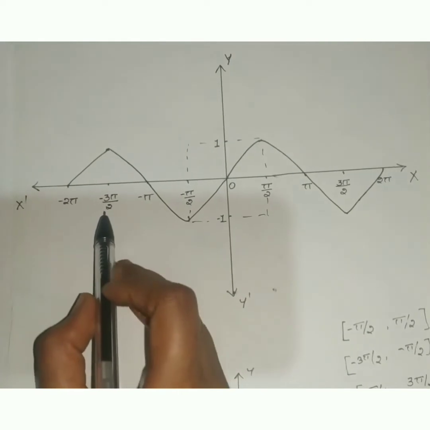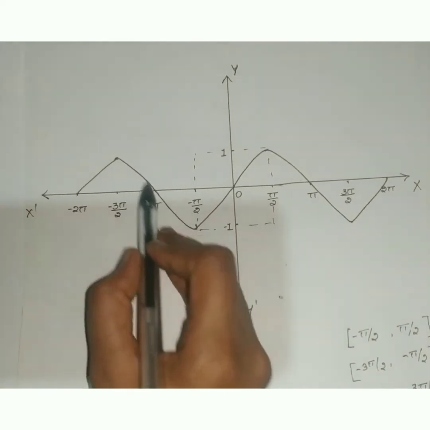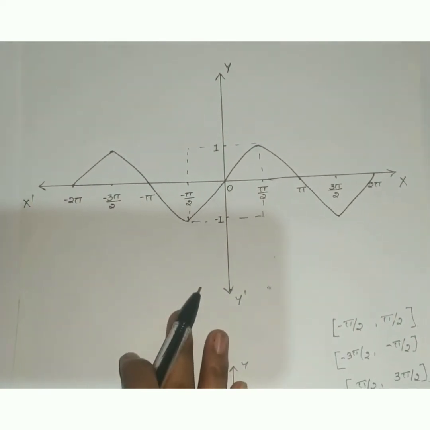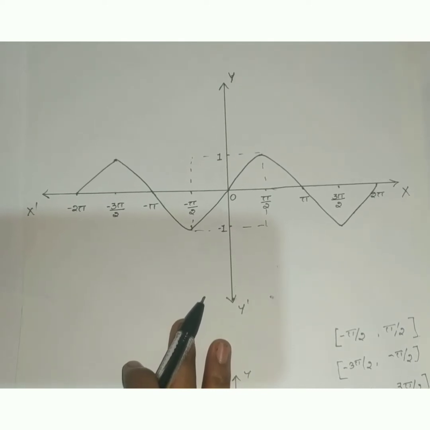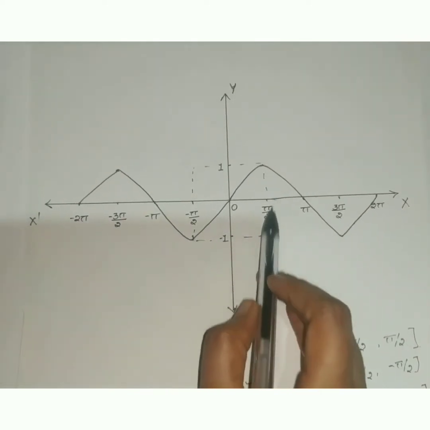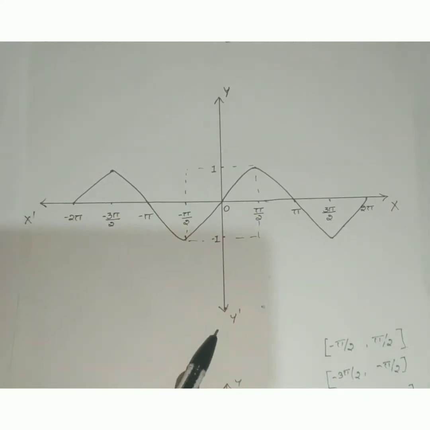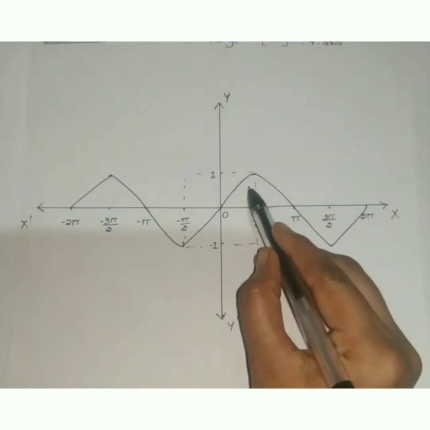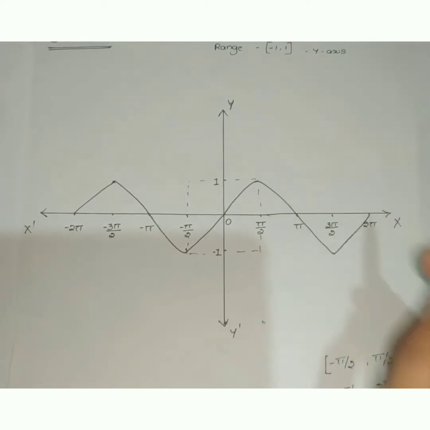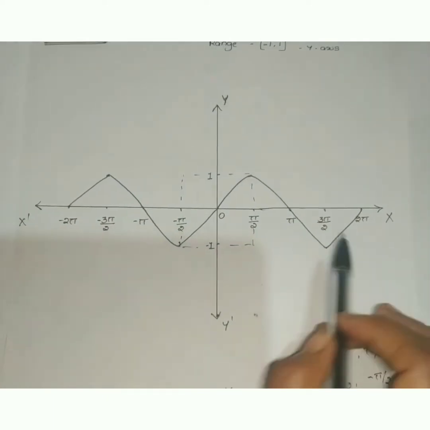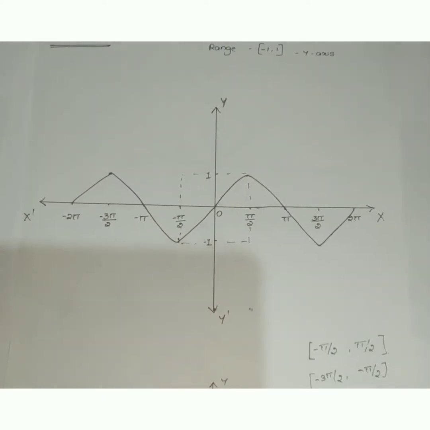In the interval minus 3 pi by 2 to minus pi by 2 the function is invertible. And in the interval pi by 2 to 3 pi by 2, again by the horizontal line test, the line passes through only one point on the graph, so the inverse exists.